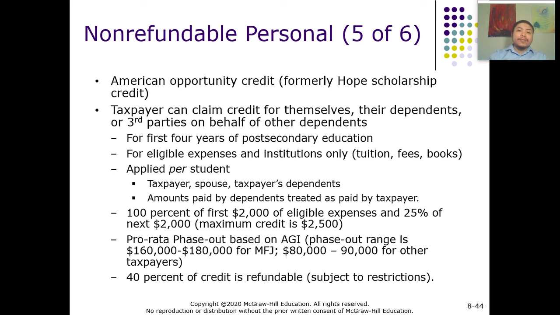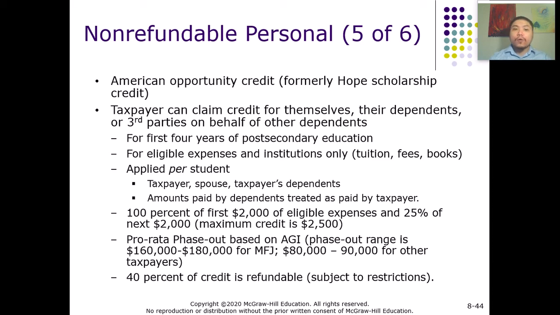So basically, this tax credit program applies to taxpayers themselves, who can claim it for themselves. If they go to school and they have to support themselves in school, they can claim it for themselves. And if they're supporting dependents who go to school, let's say the taxpayers who are parents have kids going to college, then they can also claim this credit.